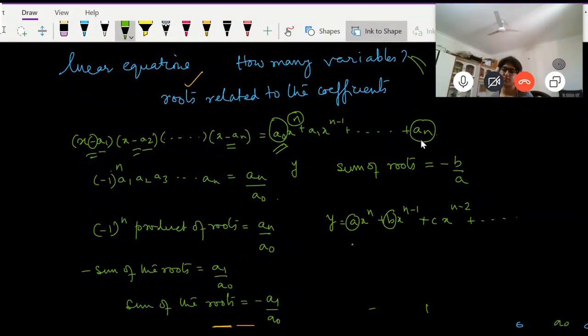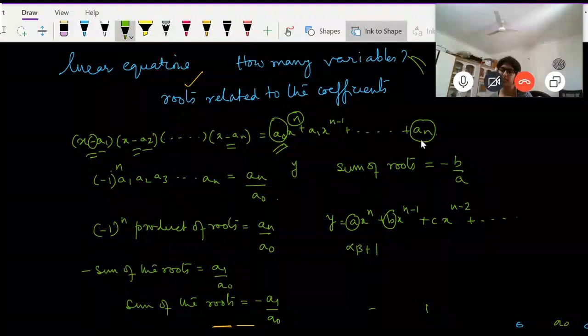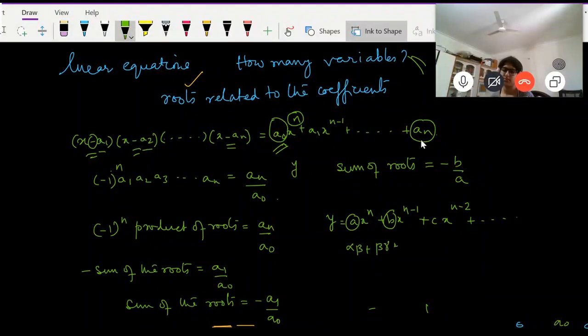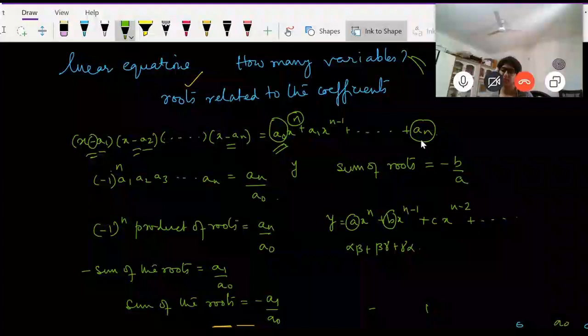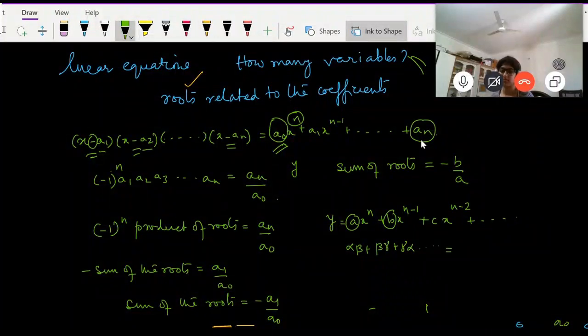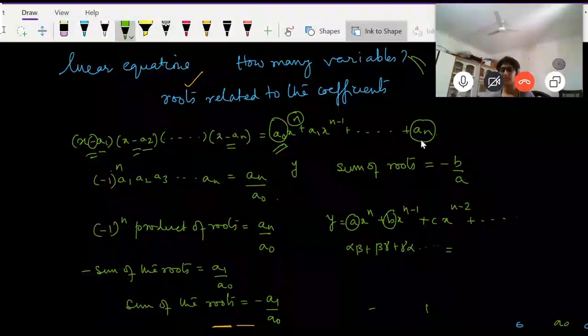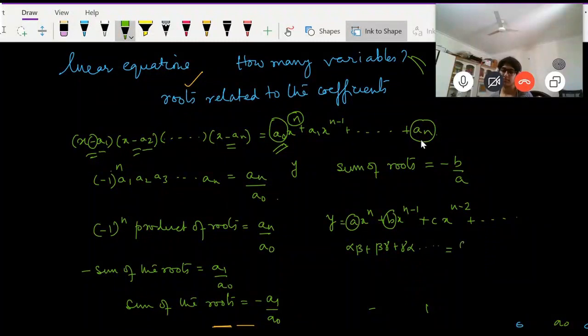Then the sum of the roots paired together, that means alpha beta plus beta gamma plus gamma alpha, like this, would always be equal to C by A, because this is paired together, so -1 into -1 would be always +1.